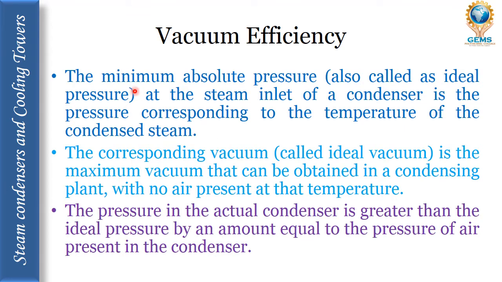Then comes the vacuum efficiency. The minimum absolute pressure, also called the ideal pressure, at the steam inlet of a condenser is the pressure corresponding to the temperature of the condensed steam.